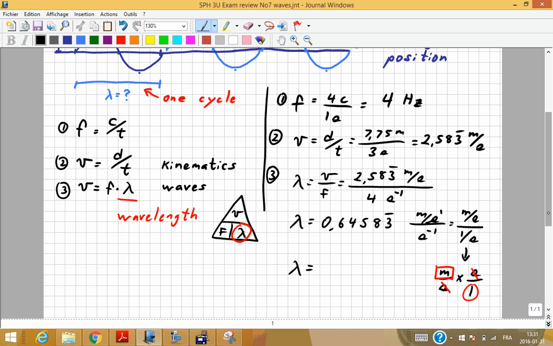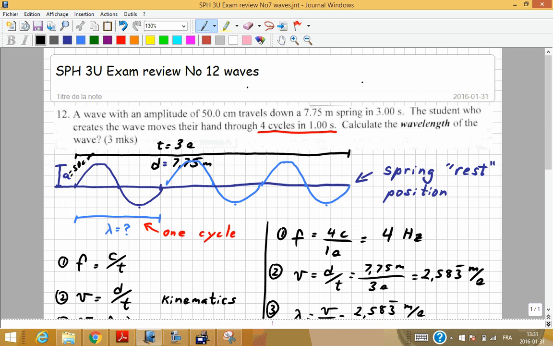So we go and look at our questions, see how many significant digits do we need. So 50.0 is not used, we don't even look at this one. 7.75 is 3, 3.0 is 3, 1.00 second is 3. Now the 4 cycles, that's an interesting one because that's a counted number. It's not a measured number. So that means it has an unlimited amount of significant numbers. We don't count that one. So we just look at the other ones that are measured and it comes out to 3.